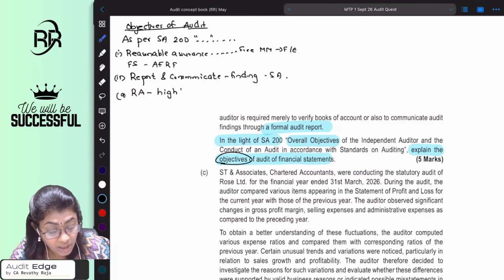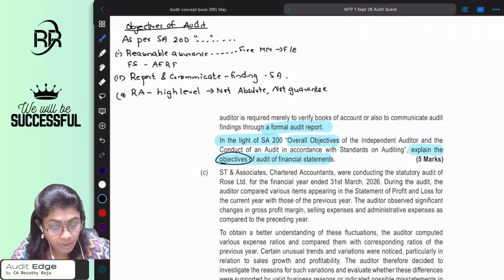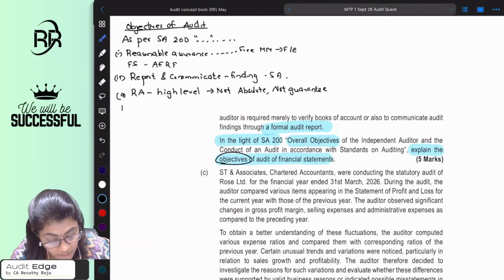Reasonable means it is a high level of assurance, but not absolute assurance or a guarantee. That you have to write in full sentences. Now, misstatements. Misstatement can occur due to what? Fraud or error.